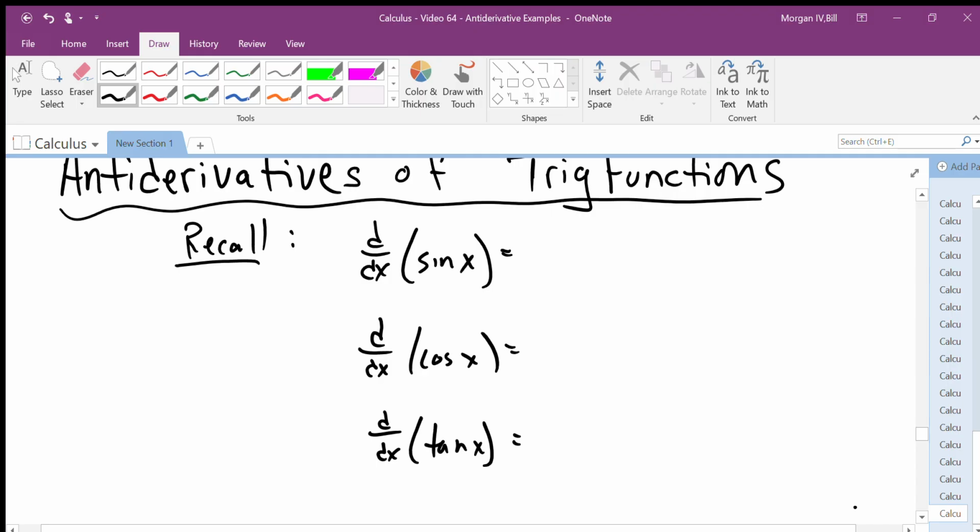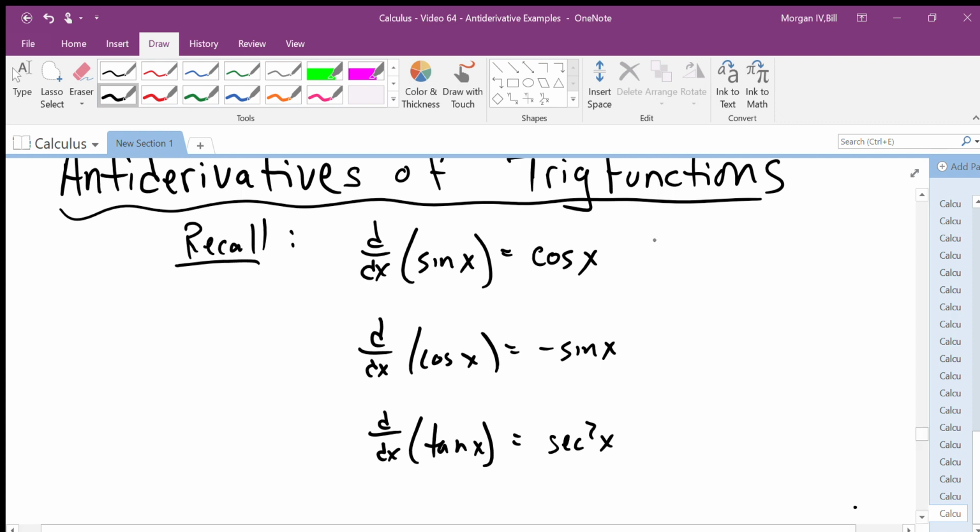Right? Derivative of sine of x is cosine x. Derivative of cosine of x, negative sine of x. The derivative of tangent of x, secant squared of x. We'll pause here. What this means is, remember, the antiderivative is the undoing of the derivative.